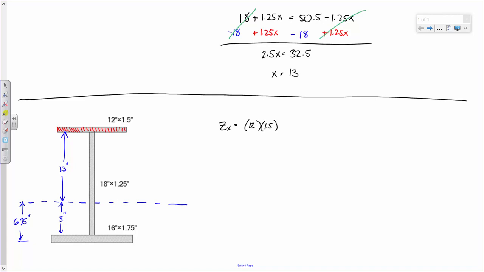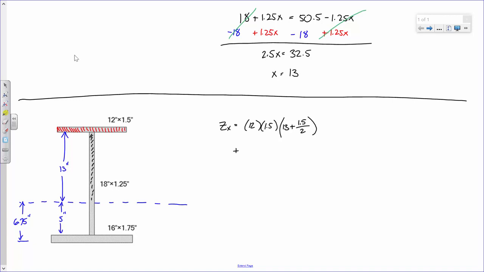How far is that? And a way that you could state that, a little more symbolically, is to say 13 plus 1.5 over 2. Would that be a fair statement? Okay, plus.